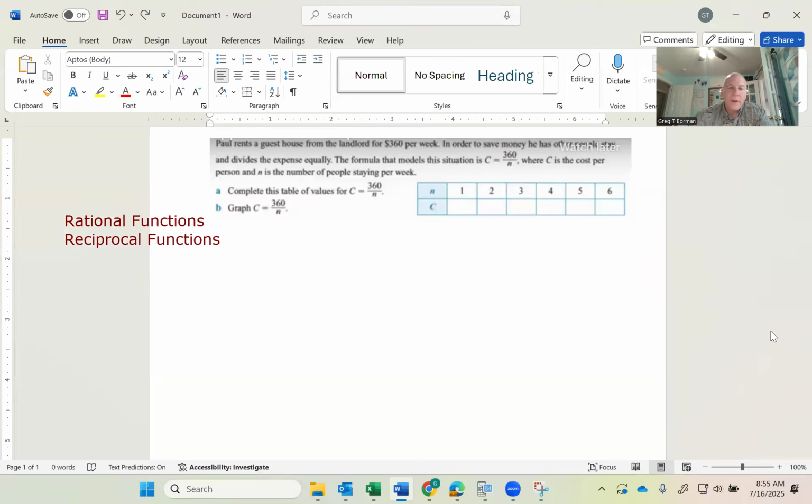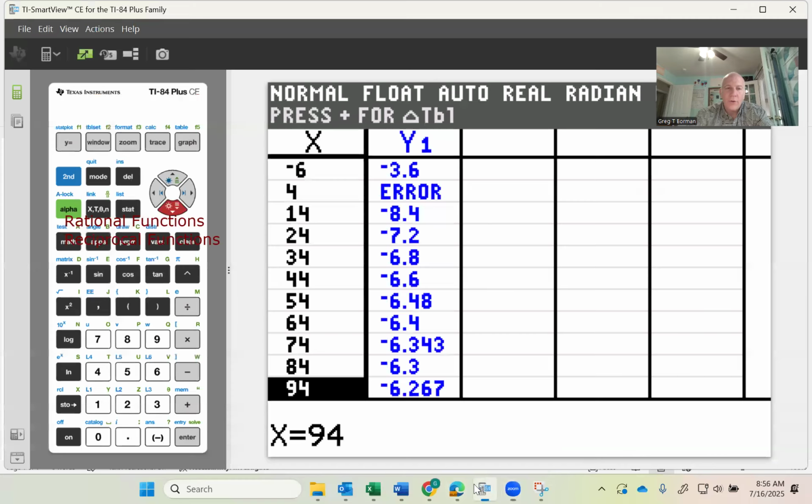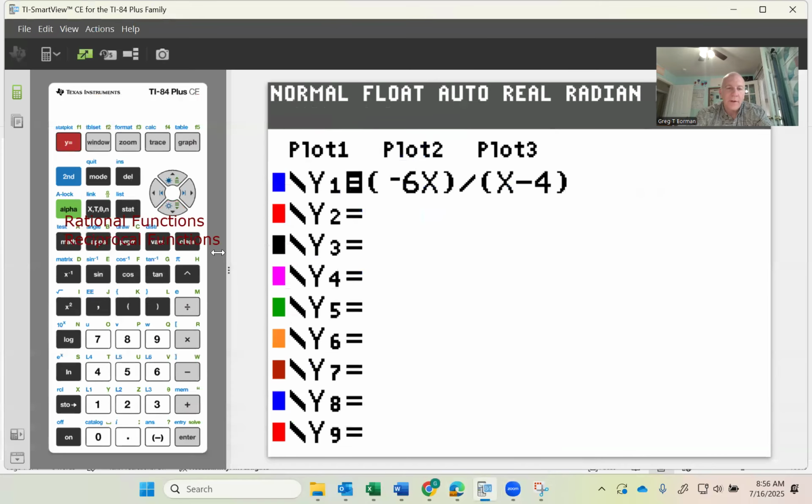So there's different things we can do with this. We can say, let's do the input output table here. I'm gonna do this the easy way. 360 divided by X, so I need X on the calculator.